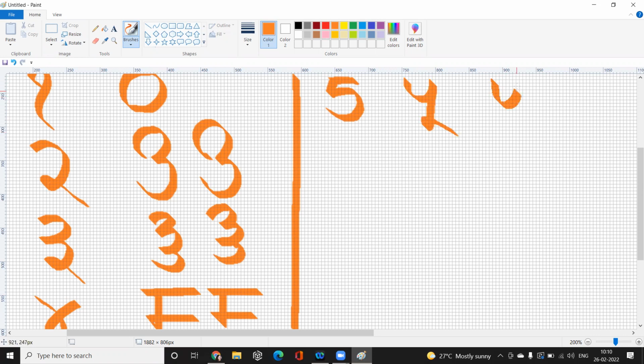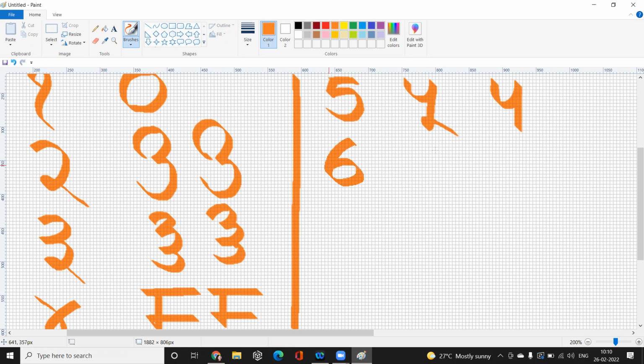And in Sharada lipi, we write 5 like this. Looks a little bit like pa, but it doesn't have any curve in the beginning. It is just a straight stroke and without any curve in the beginning.